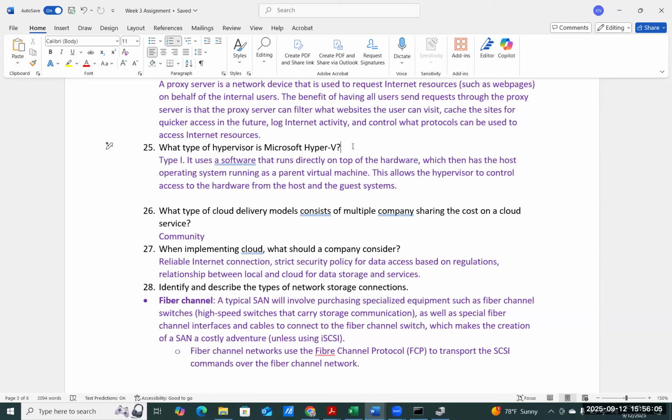So let's say that you are here and you're trying to connect to Azure or a Microsoft-owned cloud, right? Basically, you have to have Hyper-V installed on your system in order to connect to your instances at the Microsoft server.